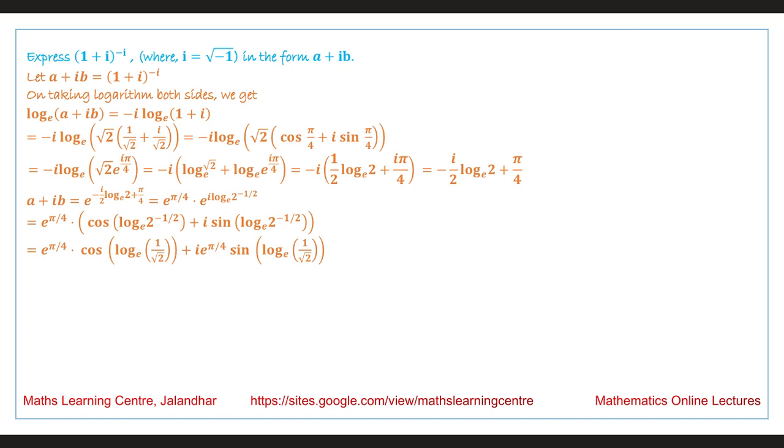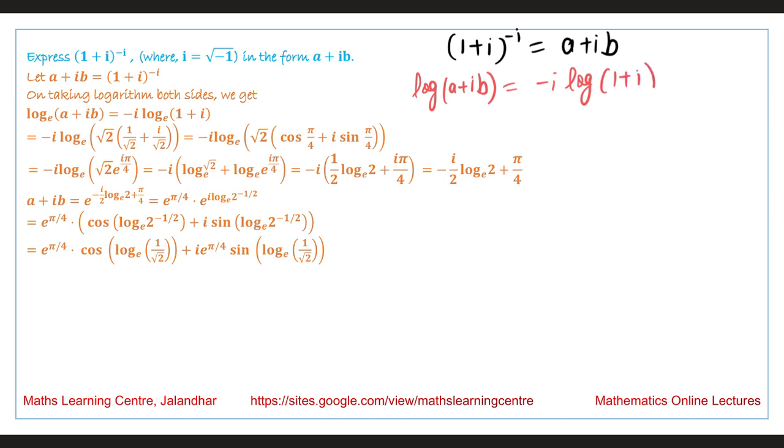Next is to express this number in the form of a plus iota b, and the number given to us is 1 plus iota raised to the power minus iota. So to express this number, we write it in the form of a plus iota b. If we take log, we get log of a plus iota b is equal to minus iota log of 1 plus iota.